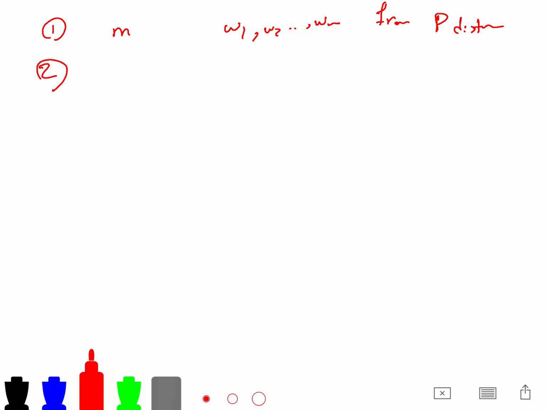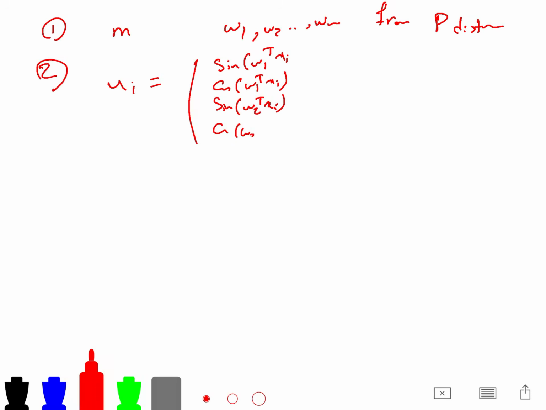After that, you generate random features for each sample: sine of W1 transpose Xi, cosine of W1 transpose Xi, sine of W2 transpose Xi, cosine of W2 transpose Xi, and so on up to sine of Wm transpose Xi, cosine of Wm transpose Xi.